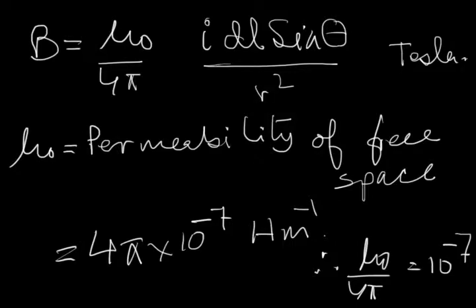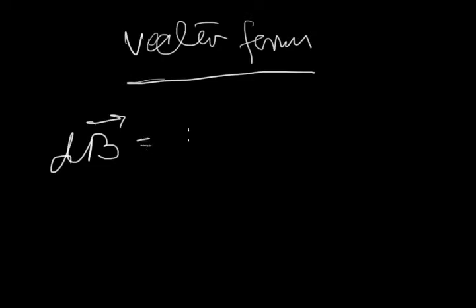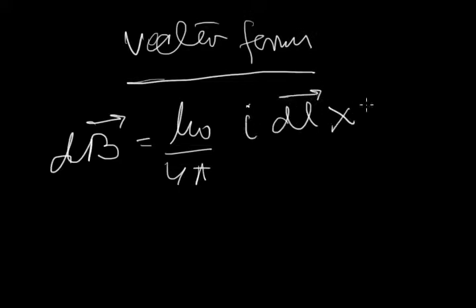Finally, we need to learn the vector form of Biot-Savart's law, which is very important, as the del L parameter is considered as a vector here. So we write it like this: dB, the elementary field due to the elementary length segment, which is why it is put as dB, is mu naught by 4 pi, I del L cross R. It's very important, rather a convention, that we put del L first and R later, and then that is del L cross R, over R cube.